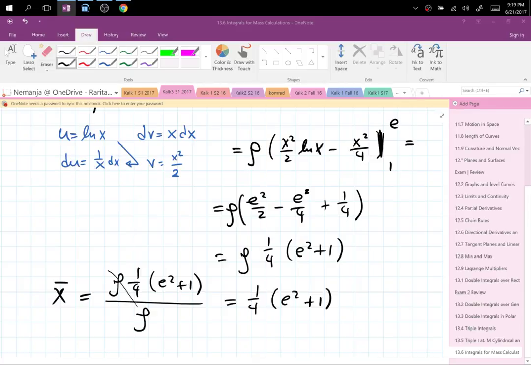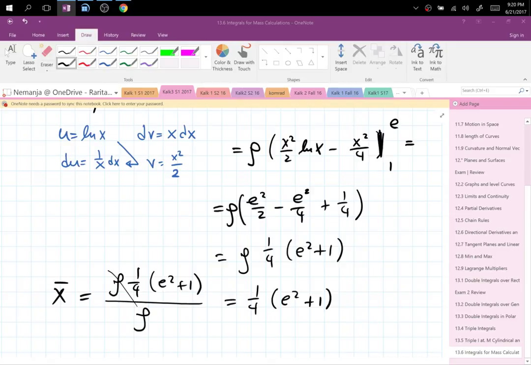So it falls. It needs to be close, guys. The center of mass, let me just try to get a good approximate answer here. So e squared plus 1. Oh, e squared is not 10. E squared is about 7. So that's 8.4, and divide that by 4.